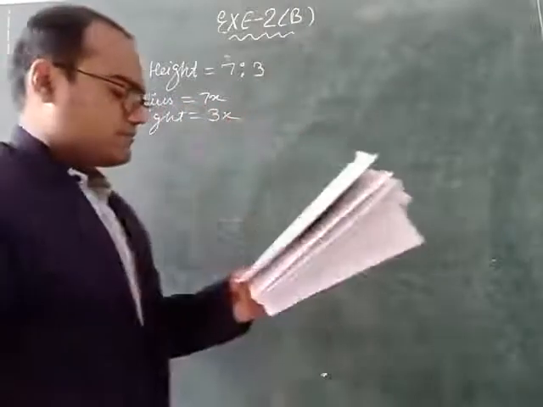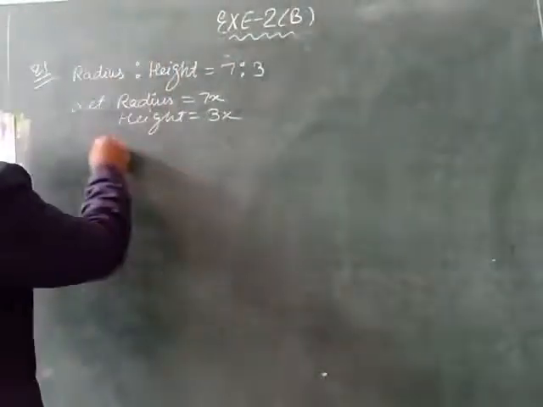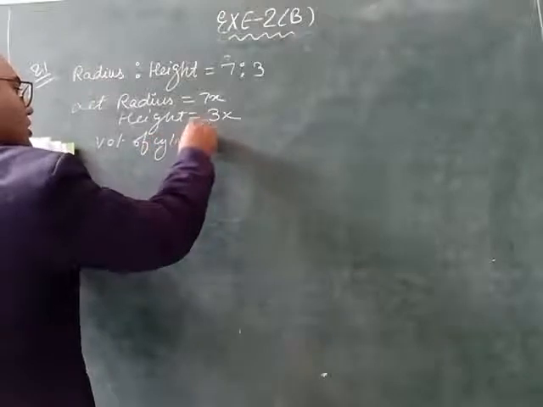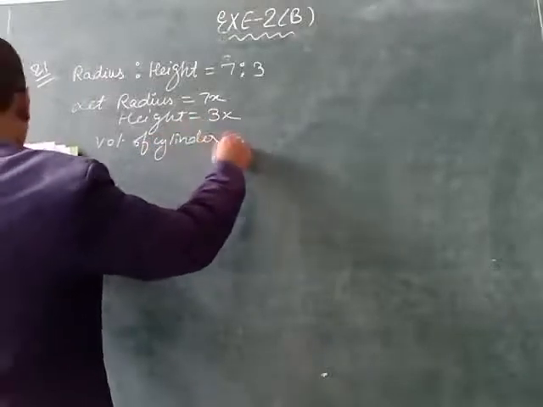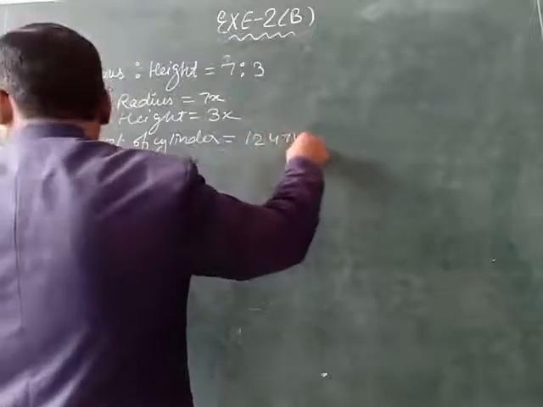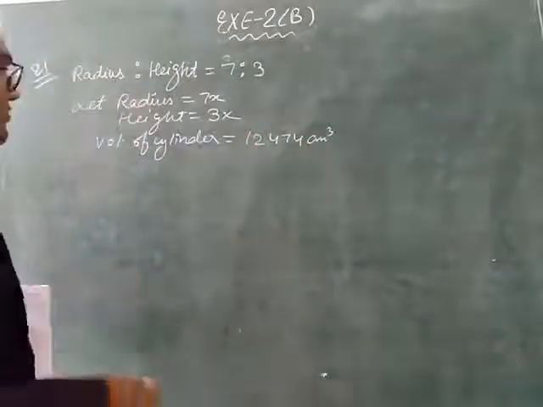After that, it is given in the question that the volume of cylinder is 12,474 centimeter cube. Now we will put the formula for volume of cylinder.